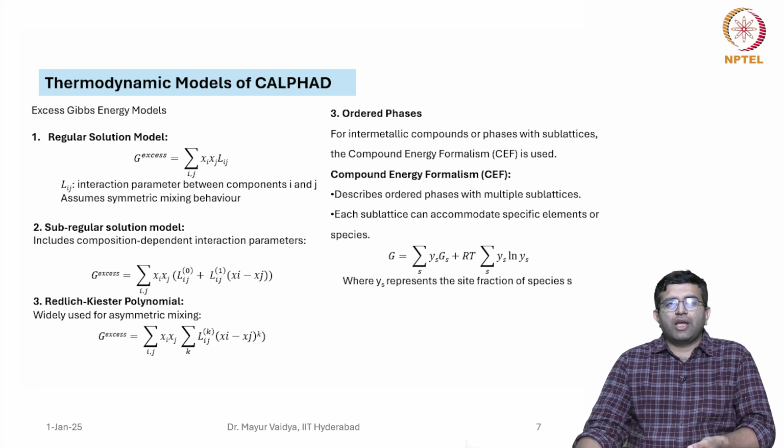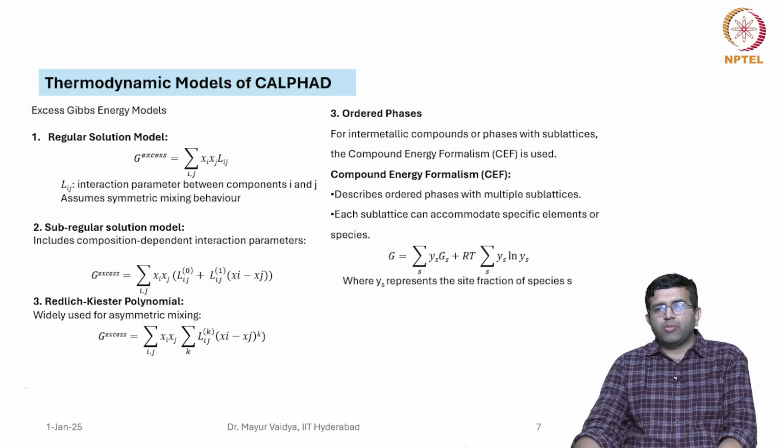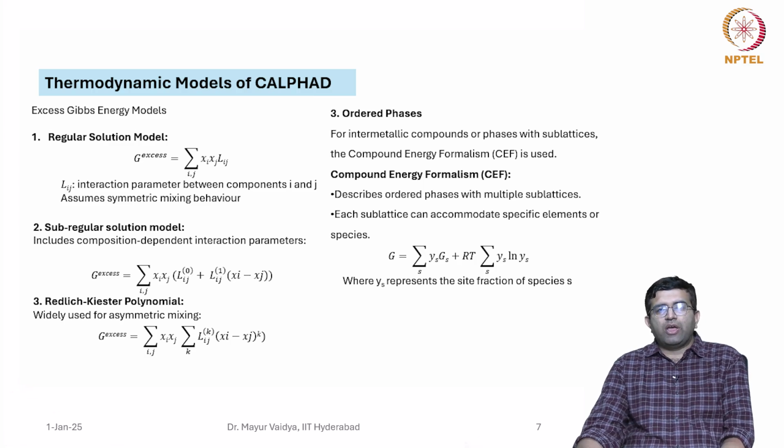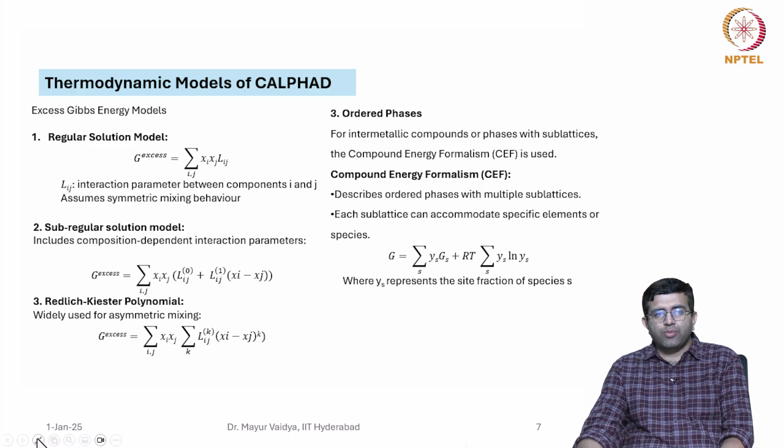Now, let us look at some aspects of the thermodynamic models of CALPHAD. The very basic equation is the free energy equation, where G is equal to H minus TS.